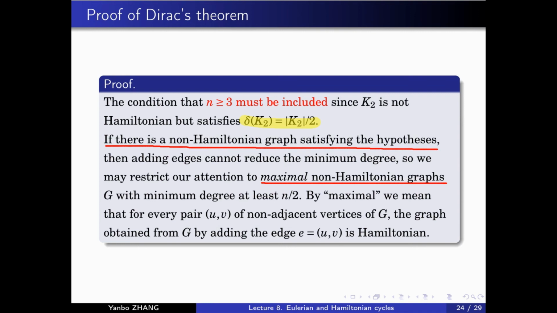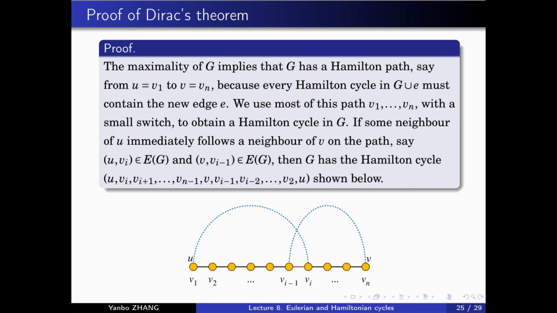Now the maximal graph has minimum degree at least n over 2. By maximal, we mean that for every pair u, v of non-adjacent vertices of G, the graph obtained from G by adding the edge e equals uv is Hamiltonian. If G is a complete graph, then of course G is Hamiltonian.